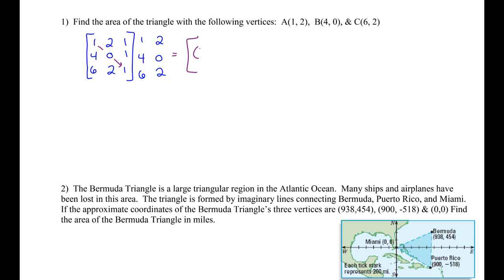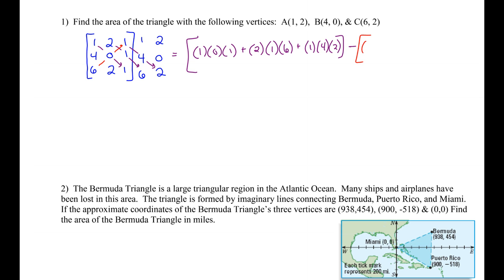So the first one gives me 1 times 0 times 1 plus the second diagonal, which is 2 times 1 times 6 plus the third diagonal, which is 1 times 4 times 2. And this is going to be subtracted by my diagonal ups.